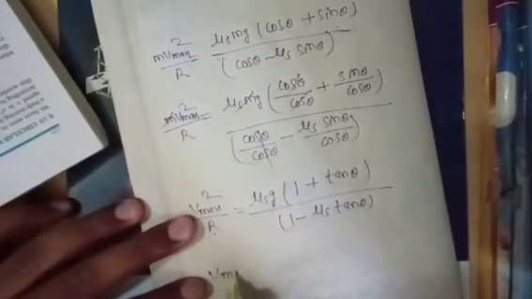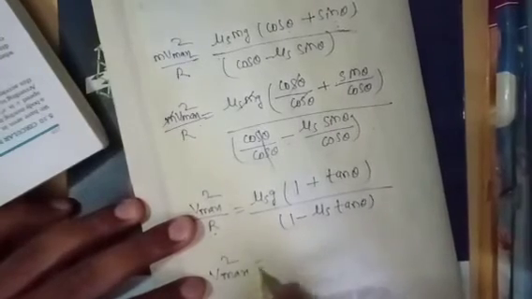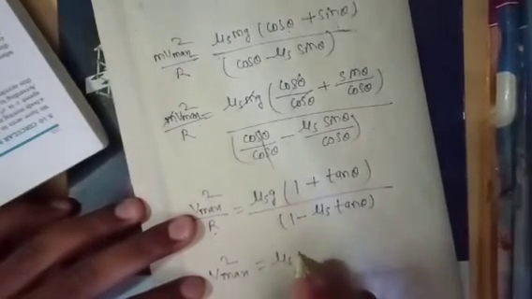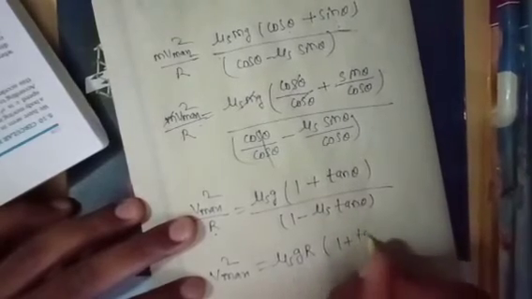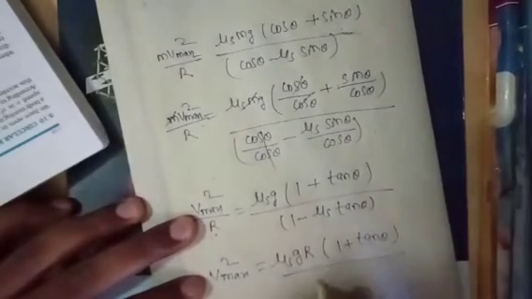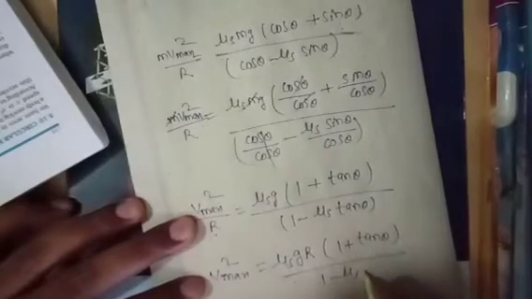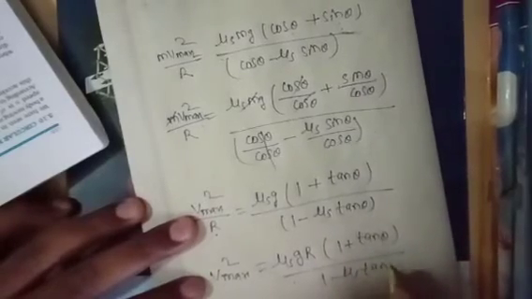Therefore v maximum square is equal to mu s g into r into 1 plus tan theta divided by 1 minus mu s tan theta.